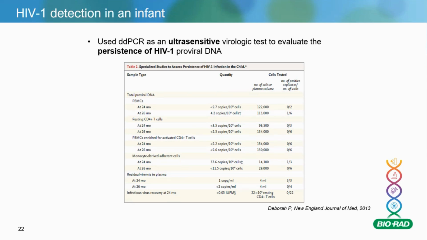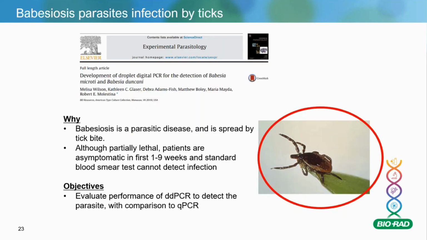In 1, the plasma viral load was detected to a single copy of RNA, and 2, a co-culture assay could not find any virus competent to replicate itself. And in number 3, 37 copies of HIV DNA per million was detected with ddPCR. So it really just shows you again the detection level of ddPCR as well.